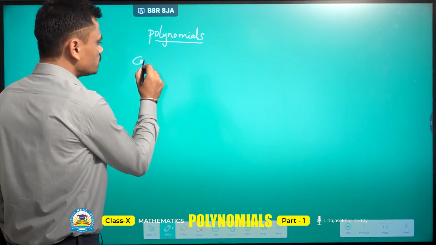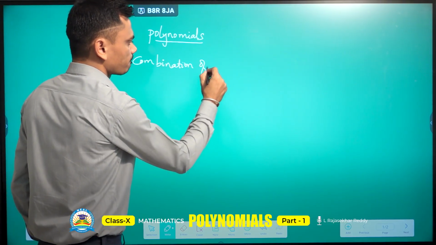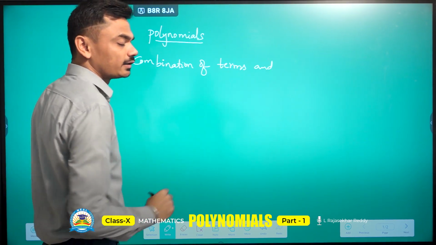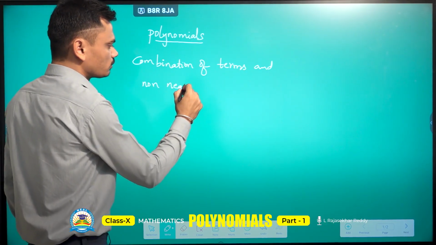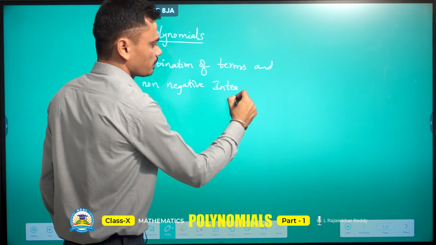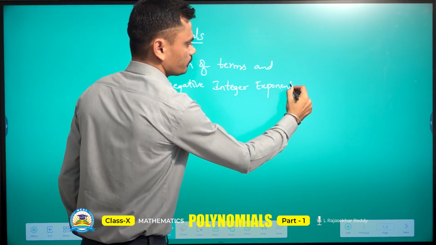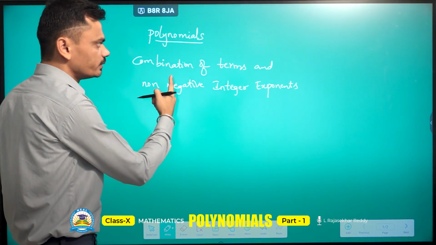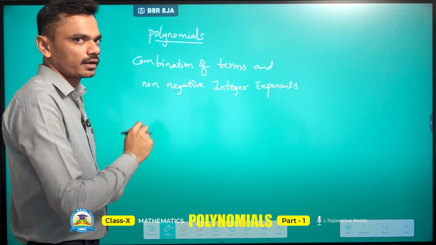It is a combination of terms and it has non-negative integer exponents. A polynomial consists of a combination of terms and non-negative integer exponents.